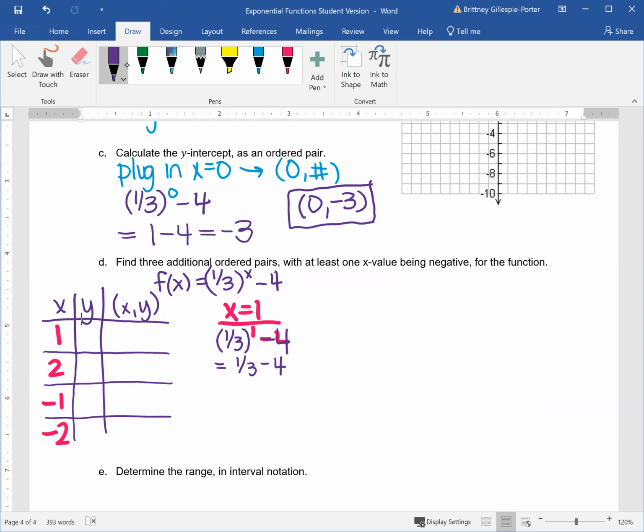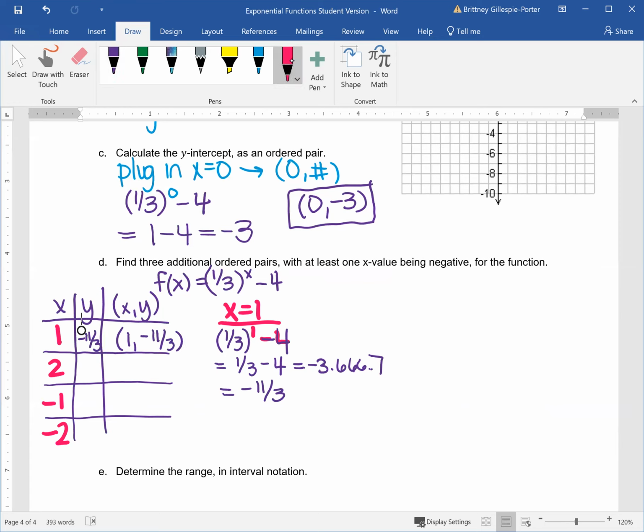When you get your answer, go ahead and convert it back to a fraction because this gets you -3.666...7. We don't want the decimal. We need the exact answer. So -11 thirds, which means my ordered pair is 1, -11 thirds.